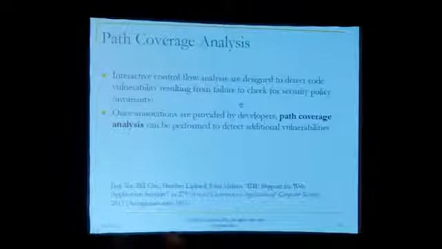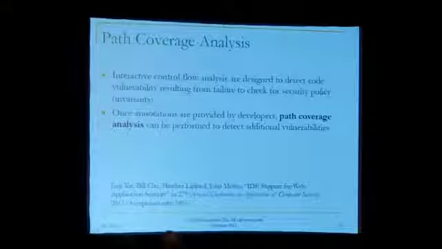I also want to talk a little bit about the path coverage algorithm, which I talked to you a little bit about, which is, once you have the analysis, how do you take advantage of this information and find additional vulnerabilities? So this is an algorithm, what we call the path coverage analysis. This is a particular analysis, again looking for invariants.